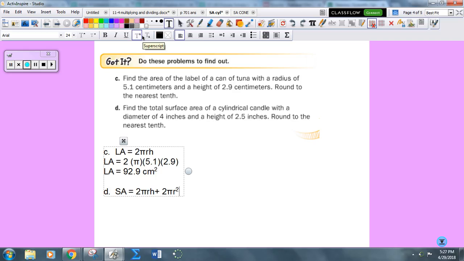So, in this problem, surface area equals 2 times pi times my radius, which is only 2 because they told me a diameter of 4, times a height of 2.5, plus 2 times pi times 2 squared.